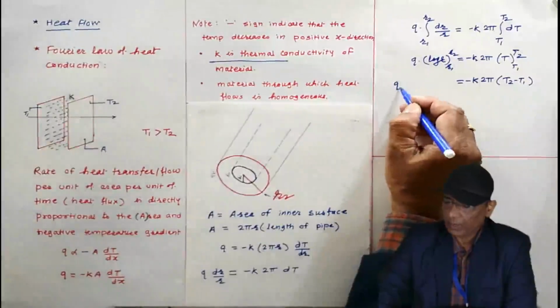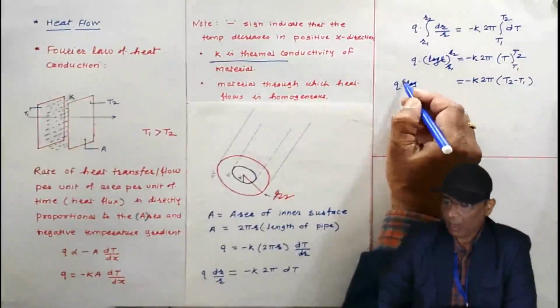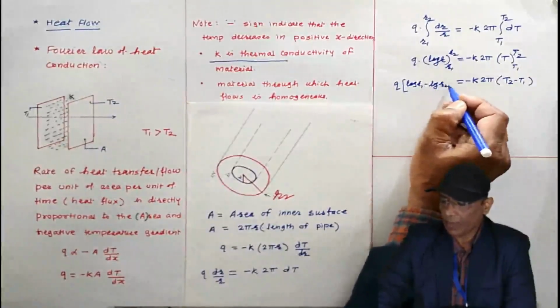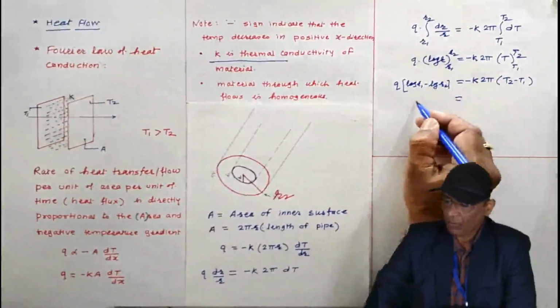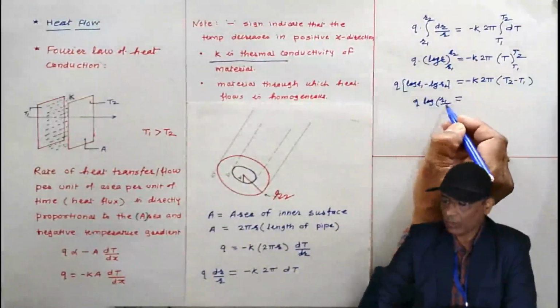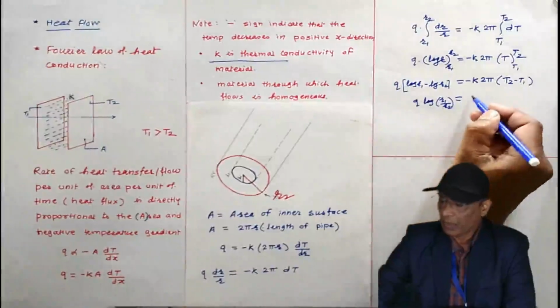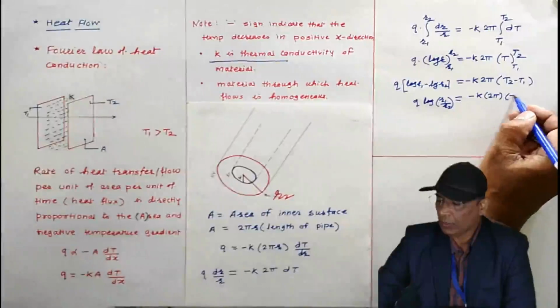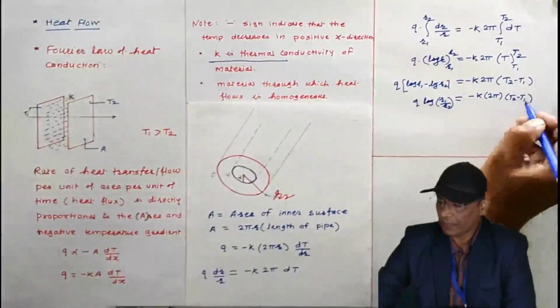And Q multiplied by log of the upper limit minus log of the lower limit, log of R2 minus log of R1. By the law of logarithms, log A minus log B is log of A by B, so log of R2 by R1 here. Minus K into 2 pi, T2 minus T1.